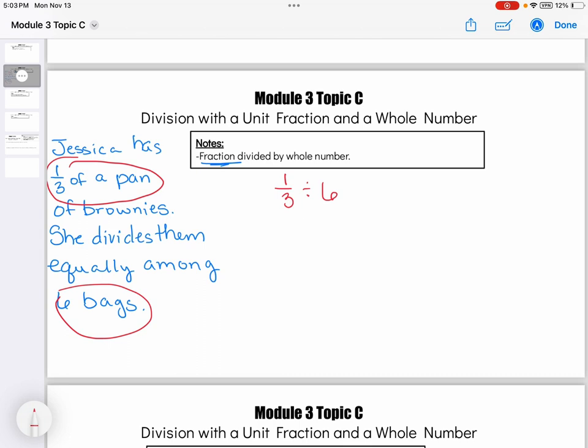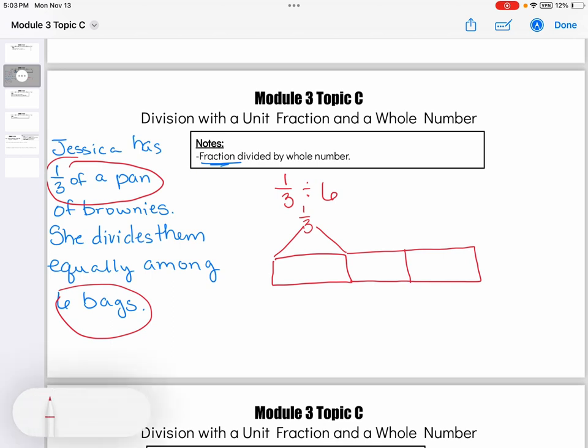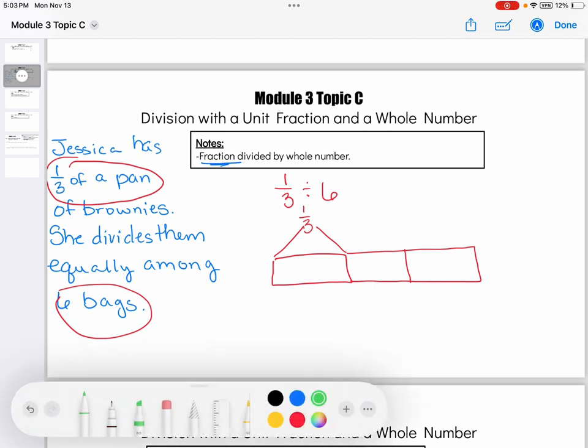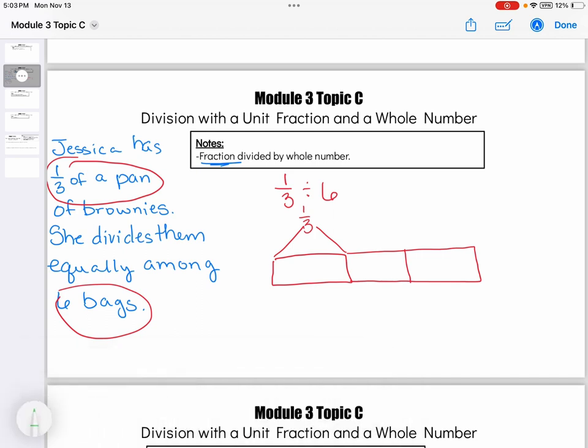Now, they can use a tape diagram, they can use the number line, they can just flat out solve it. So to use a number line, I would first look at my total as being 1/3. Well, you can't just think of 1/3 being by itself. So you actually have to add on those extra 2/3 just to show them there. Then I'm going to cut each of those thirds into 6 equal pieces.